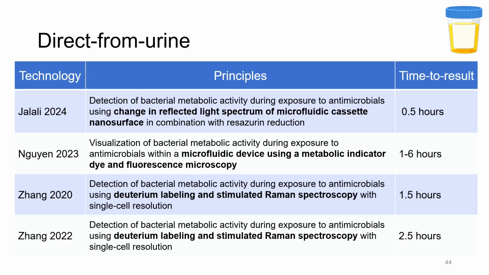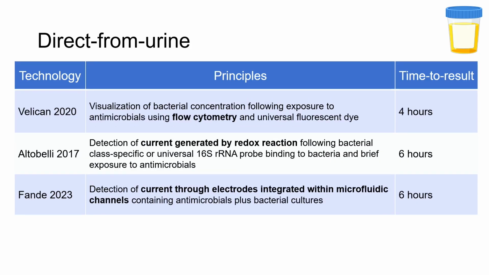You can see that here for a couple of them. There's also some that use radioactive labeling, which I think would be a real challenge to implement in a clinical lab, so probably not as realistic of a solution. Others use flow cytometry, and others use electrochemical methods of detection of bacterial concentration or growth.